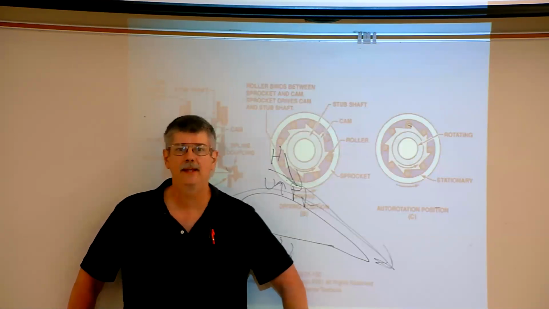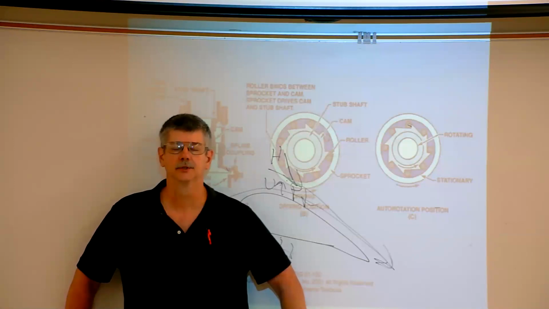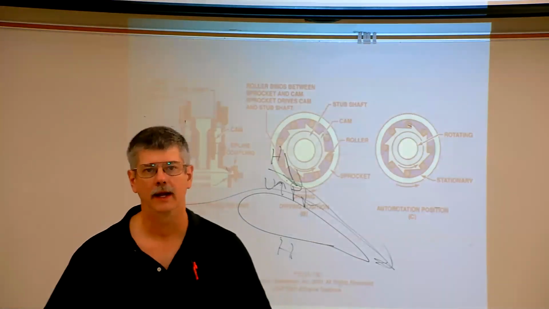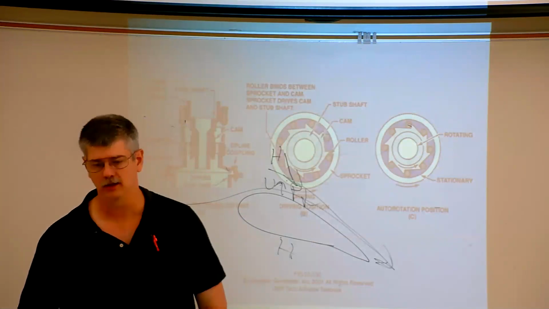Now, the problem is that at a specified angle of attack for any given airfoil, the air will no longer stay attached to the wing and separate. And this is known as a stall. The angle of attack at which an airfoil stalls is known as the critical angle of attack.